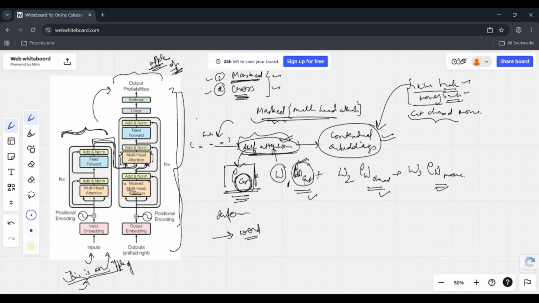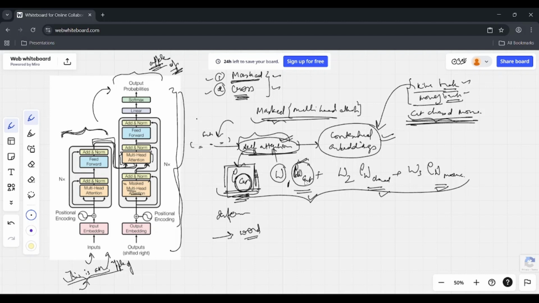The point that I'm trying to make here is that you are telling your model that this is my complete sentence, and you are finding the contextual embedding with respect to each of the word embeddings of the words in the sentence.